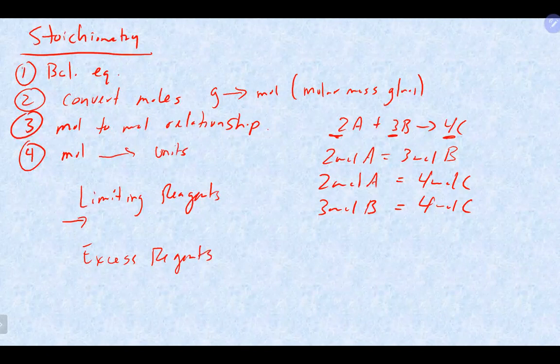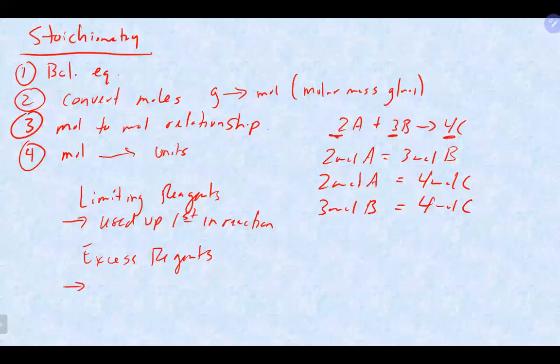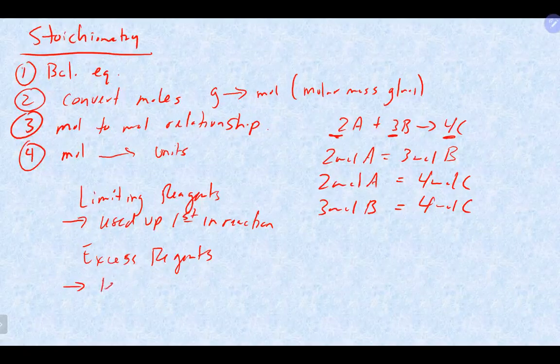When we do a reaction, in most cases, there's usually some reagent that will get completely used up, and there's usually one where you have plenty. The limiting reagent is the one that gets used up first in the reaction, and the excess reagent is the one that you have left over when the reaction is done.